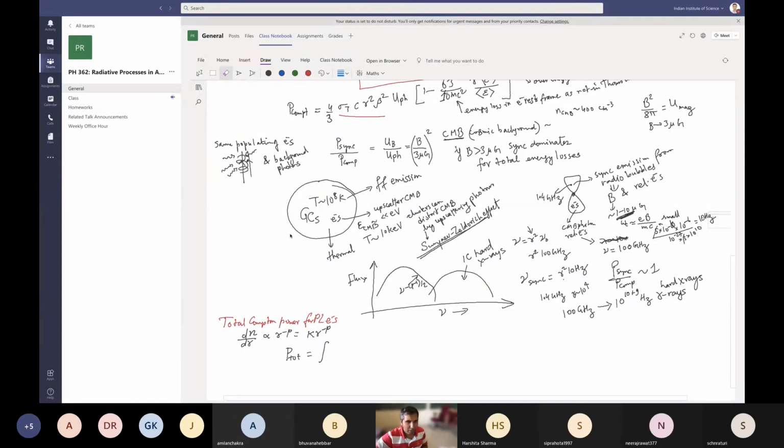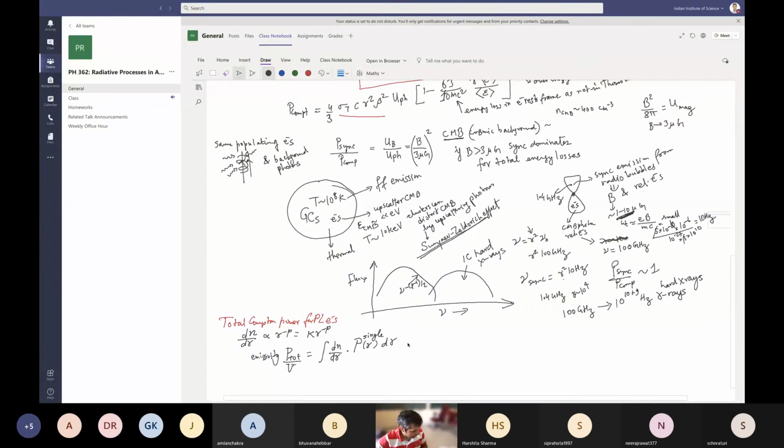So this is the integral of dn d gamma times the power due to a single gamma, times d gamma times the volume. So this is power per unit volume, which is like emissivity, right? Because dn by d gamma is number per unit volume per unit gamma.